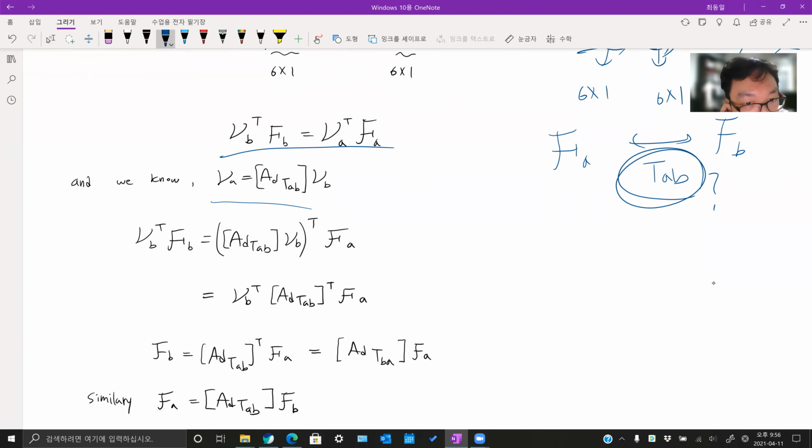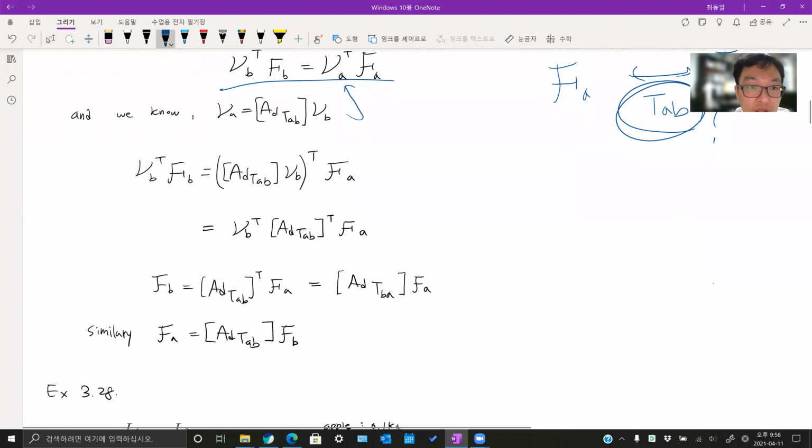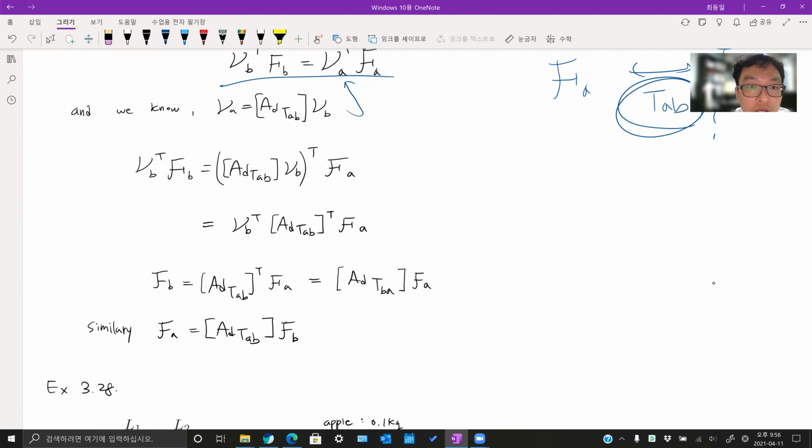We know the adjoint. The A coordinate and the B coordinate can be related by the adjoint matrix here. We input this here, and then we can write it down like this.